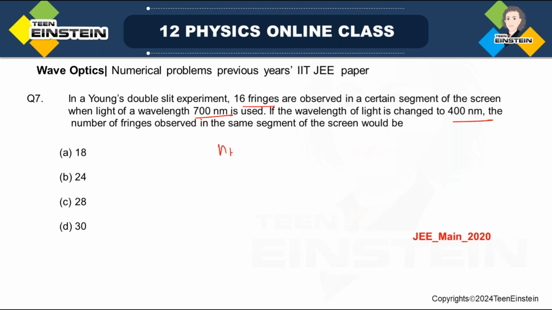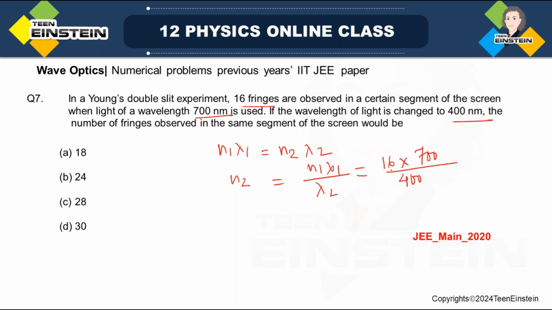See how simple it is. N1 lambda 1 is equal to N2 lambda 2. So I have to find N2, which is N1 lambda 1 by lambda 2. N1 was 16 fringes, and lambda 1 was 700 nanometer divided by 400 nanometer.